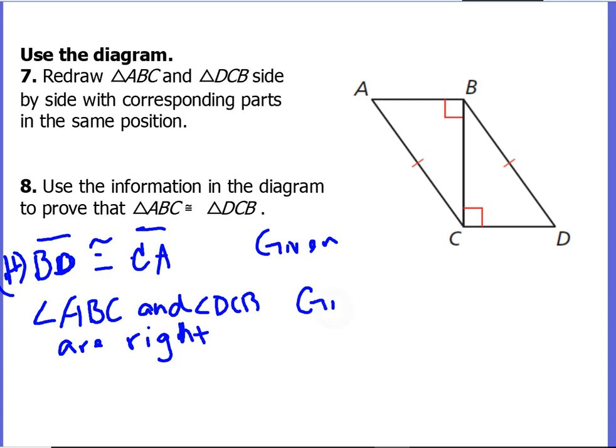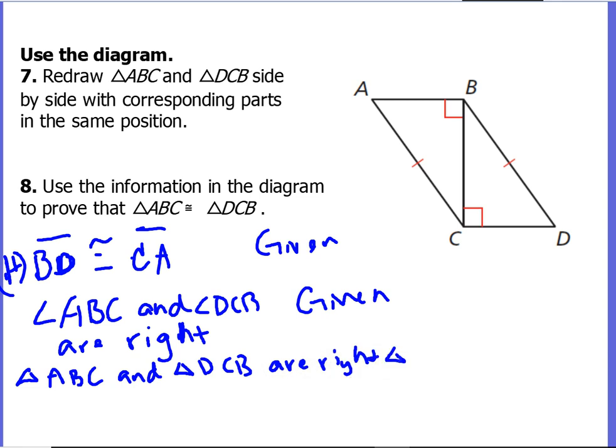That is also given to me. So what else can I dial in? Well, that allows me to now state that I have two right triangles. So I can say that triangle ABC and triangle DCB are right triangles.